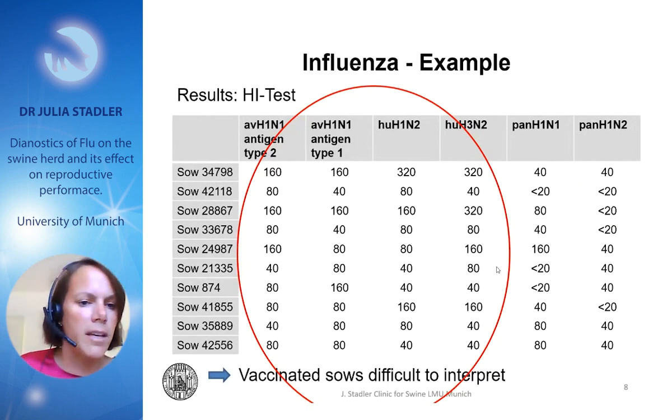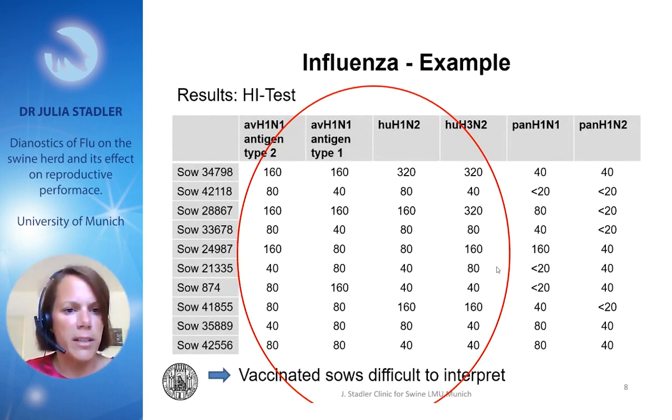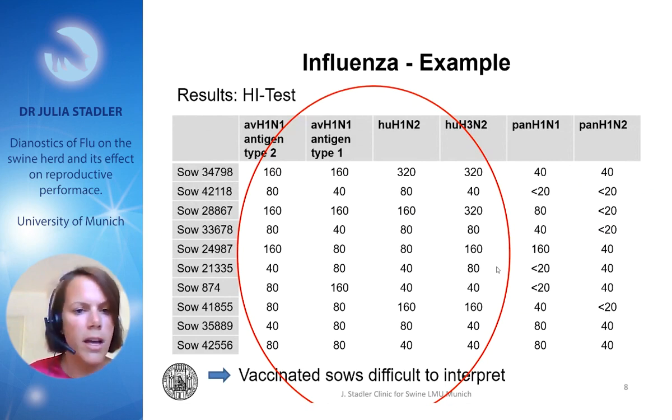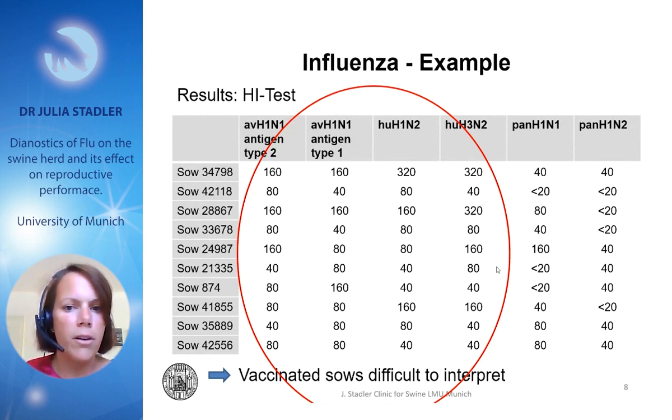Again, we took blood samples from sows, and we took nasal swabs from suckling piglets. In this case, we didn't collect nasal swabs from sows because there were no acutely diseased sows present at the time of our herd visit. However, we collected oral fluids in the nursery and also in the fattening unit.